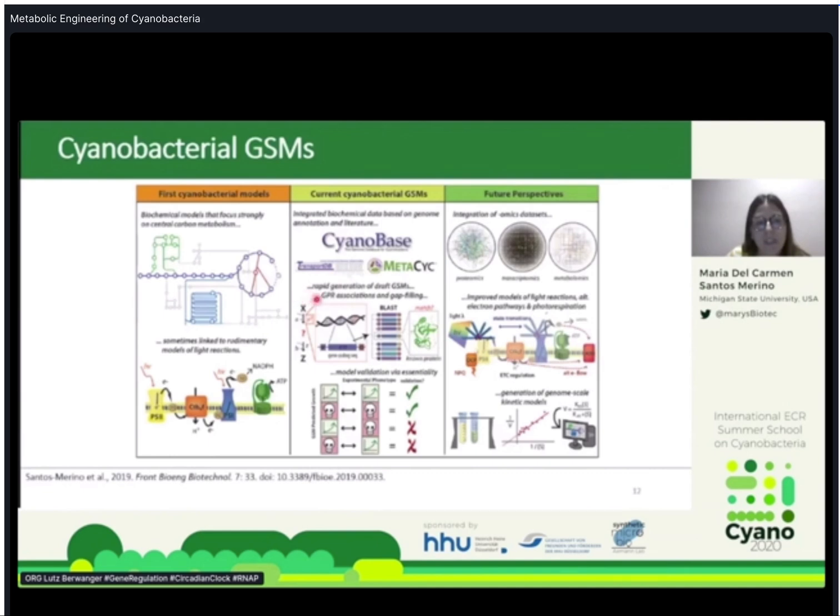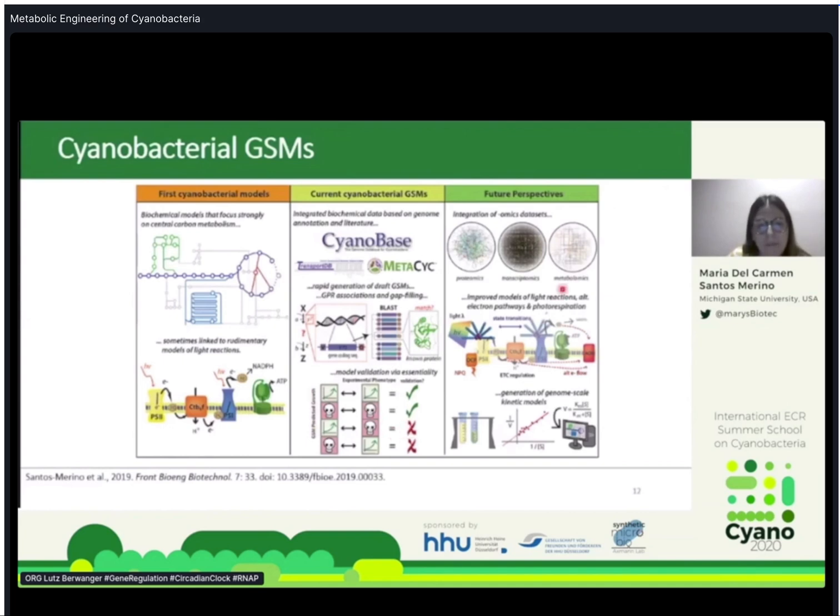With these tools, from gene-protein association and gut feeling, the information that can be added to the model can increase its accuracy. And also, models can be validated using gene essentiality information, comparing experimental phenotypes with genome scale model predictions. We can estimate how accurate our model is.